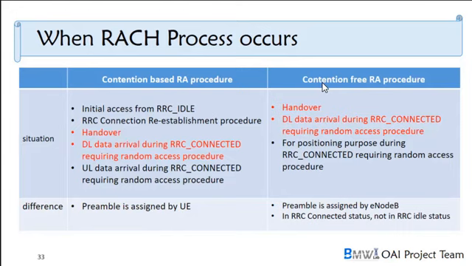And in contention-free, the situations are handover and downlink data arrival during RRC connected, and the RRC procedure for the purpose of the connection request random access procedure. And the red part is the overlap between the contention-based RA procedure and the contention-free.